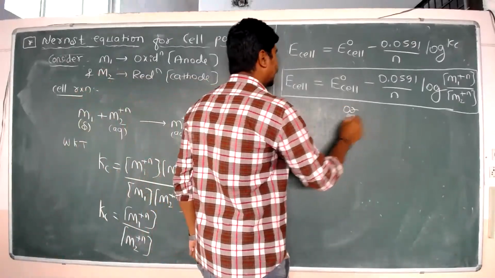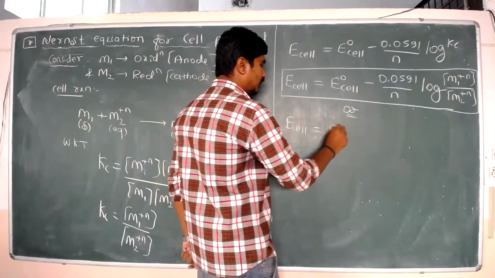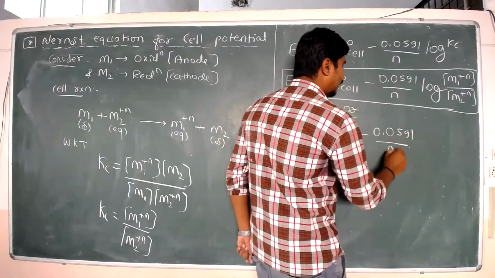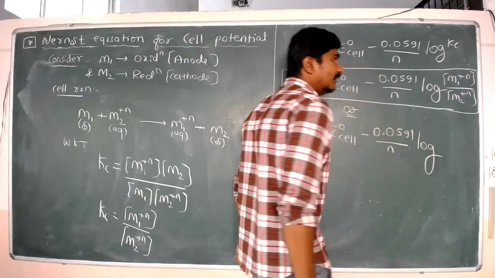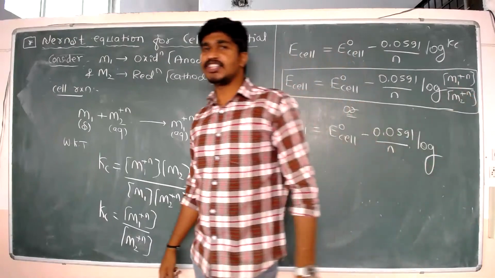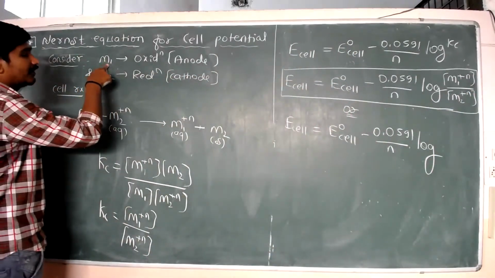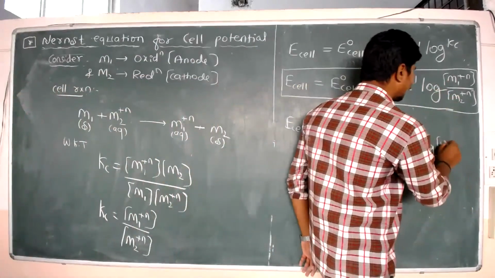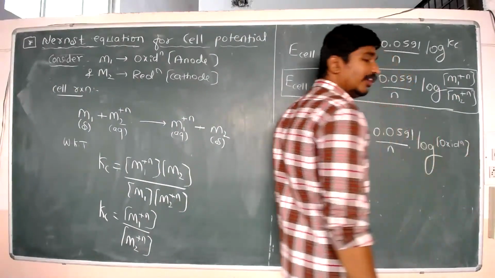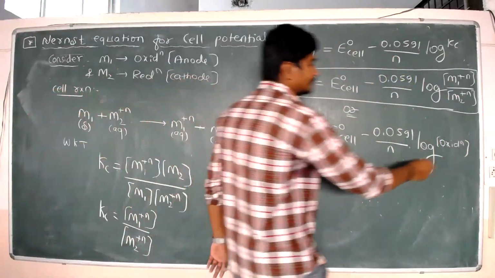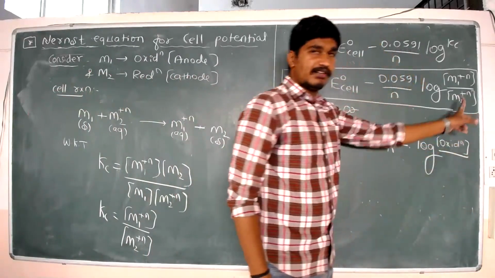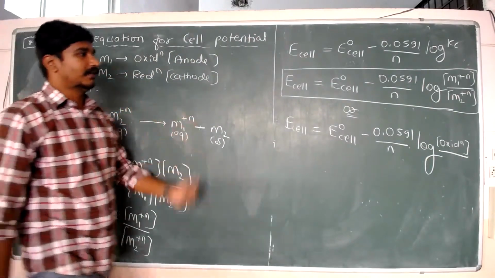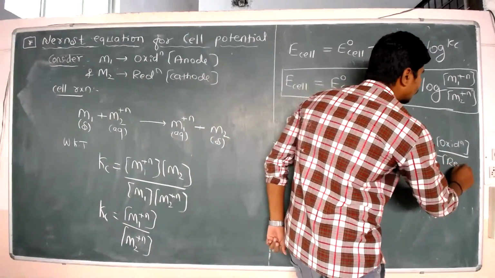Or simply you can write E cell is equal to E naught of cell minus 0.0591 divided by n log of the concentration of the metal undergoing oxidation, divided by the concentration of the metal undergoing reduction, that is M2.